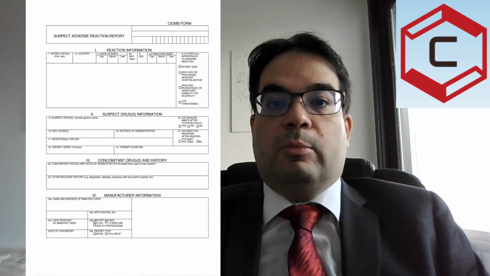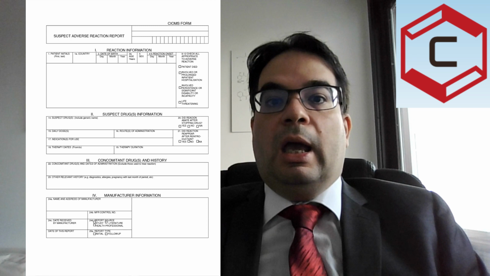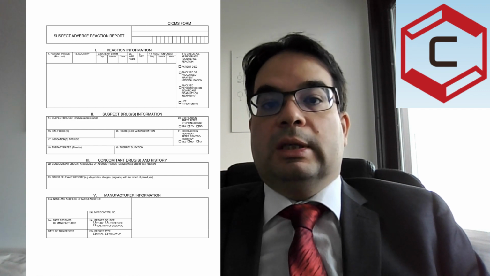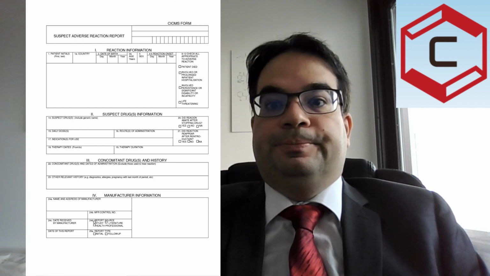The narrative is an important part of the ICSR, and it should be a text containing all the relevant aspects of the adverse event report and being as detailed as possible. There are separate guidances from CIOMS and ICH on how a narrative should be written, and there is the ICH E2B R3 guidance from the ICH that specifically focuses on electronic reporting of ICSRs.